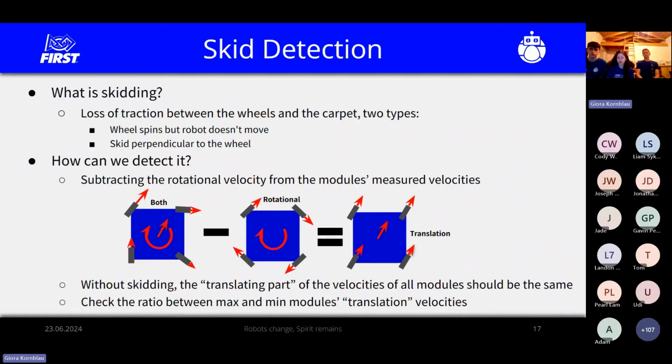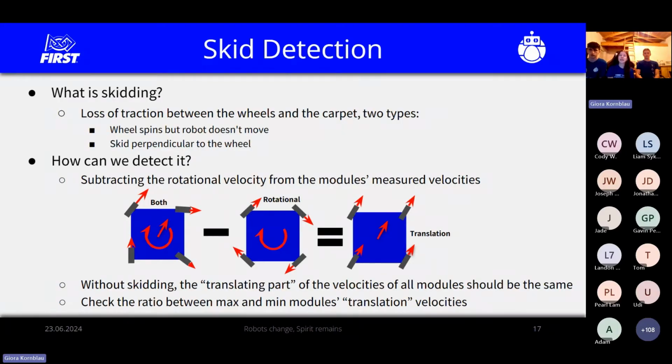So how do we detect when some wheels are spinning freely? For each module, we have its velocity, which is made out of a rotational part and a translation part. We want to get the translation part. That's the first thing we do. We subtract the rotational part of each module's velocity from the measured velocity, and that's how we get the translation.